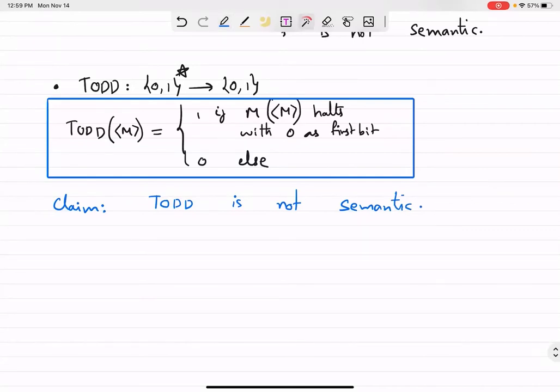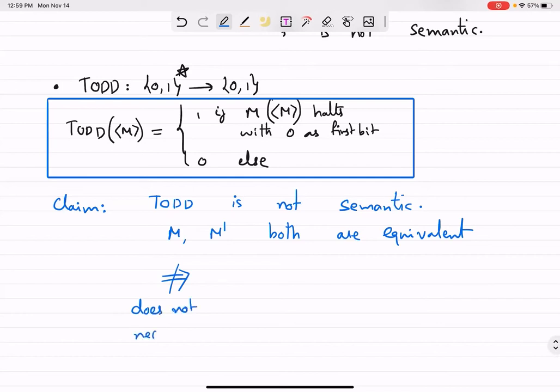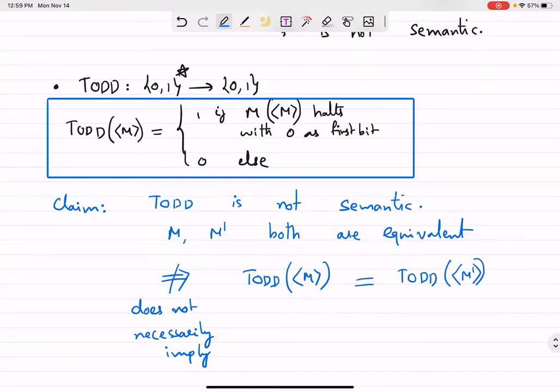If I have two machines, m and m prime, both equivalent, that doesn't necessarily imply that toddler has the same behavior on both of them.